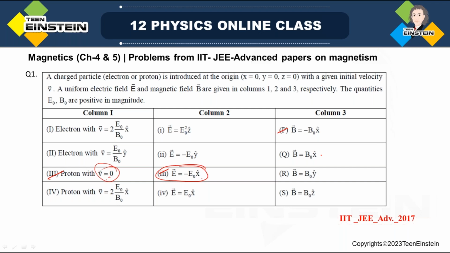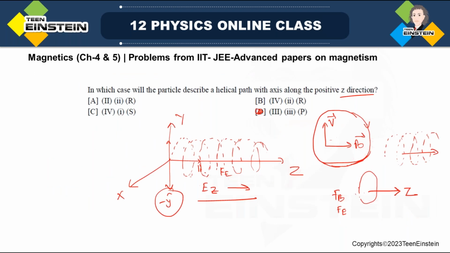So there is no chance of having a helical path at all. So the last option is also not correct. So option 3, or option C, will be the correct option for this case.